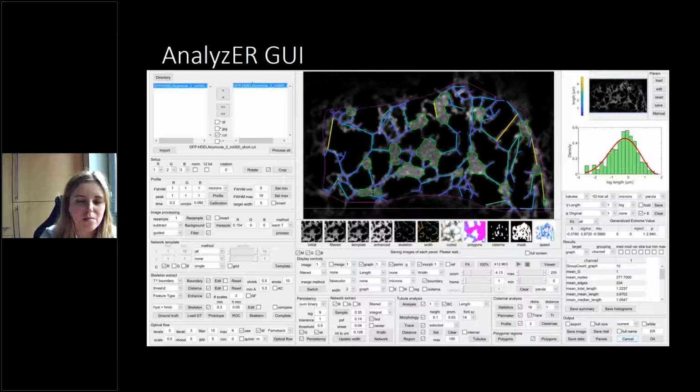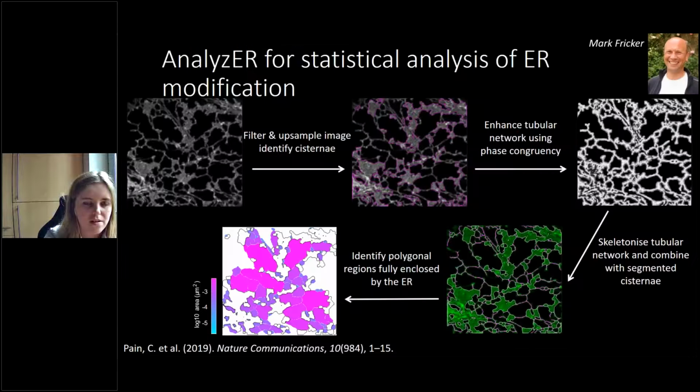I've applied it to light sheet imaging, confocal imaging, and I've even had a go at looking at some EM imaging with it. It's very highly adaptable, but the actual process that you go through to analyze images and extract this information from them is relatively straightforward.